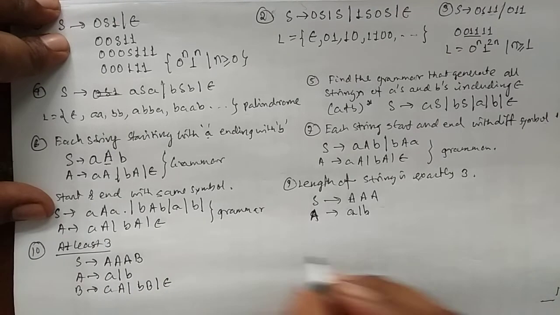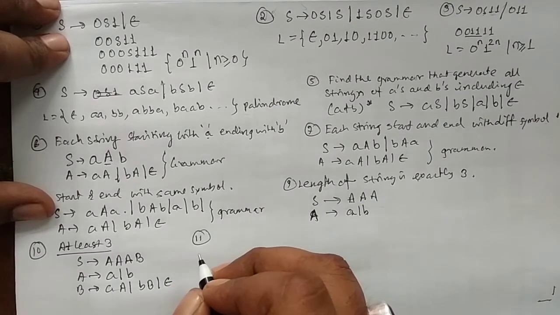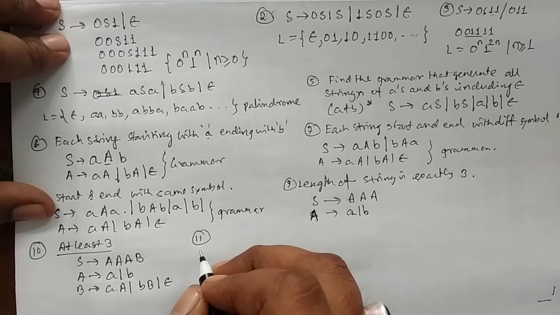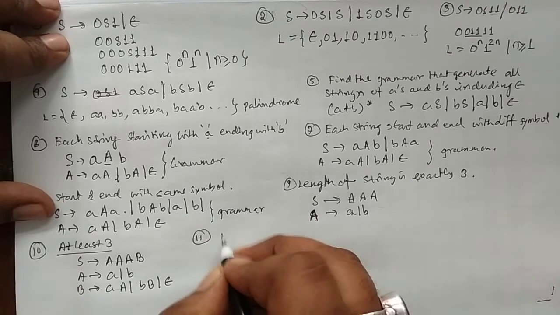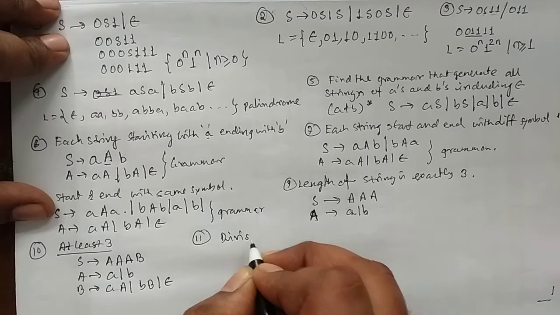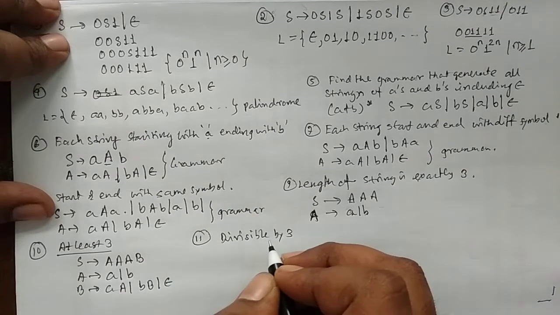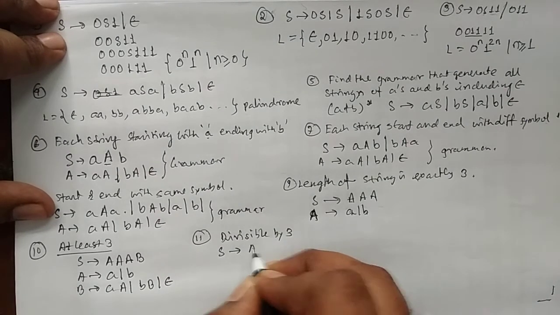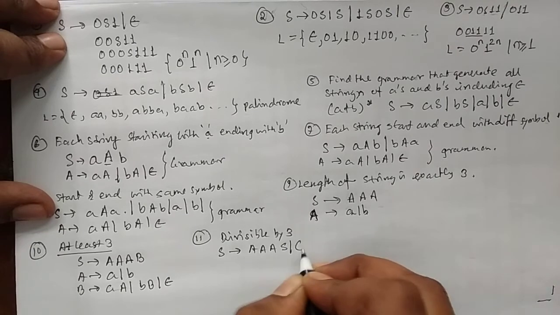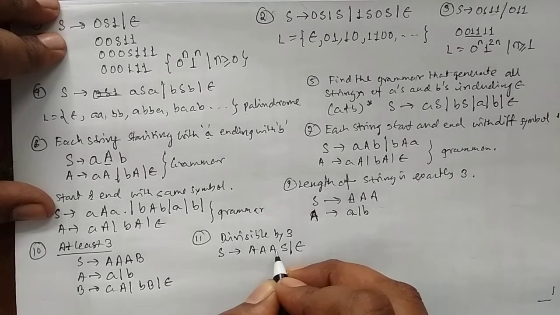Now suppose it is given that the length of the string will be divisible by 3. So what is the grammar? Like this. If you replace S with epsilon, you will get AAA.